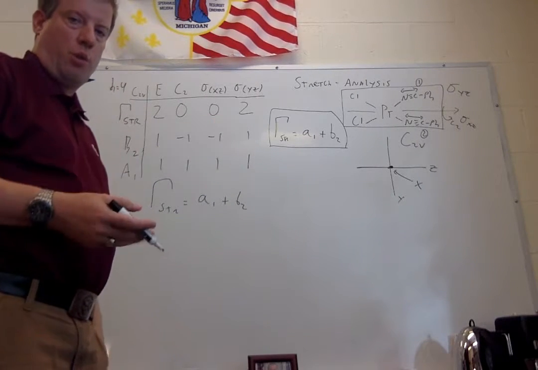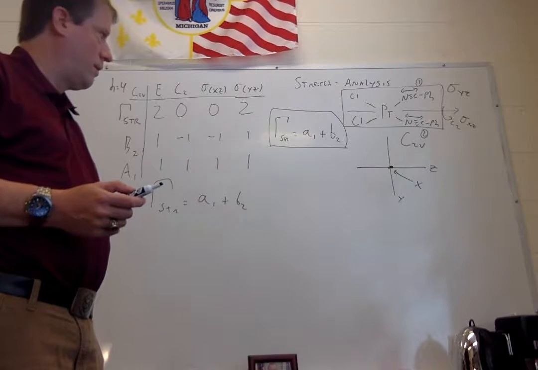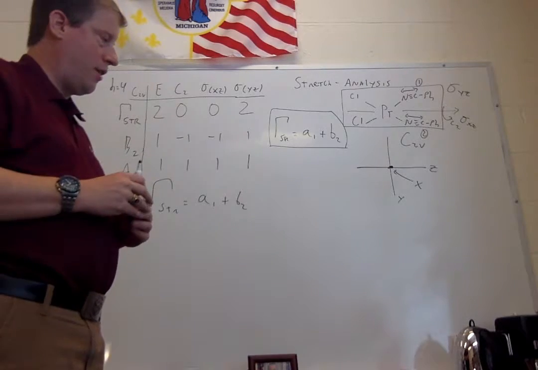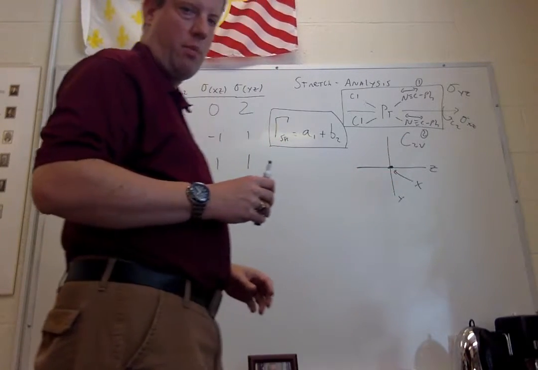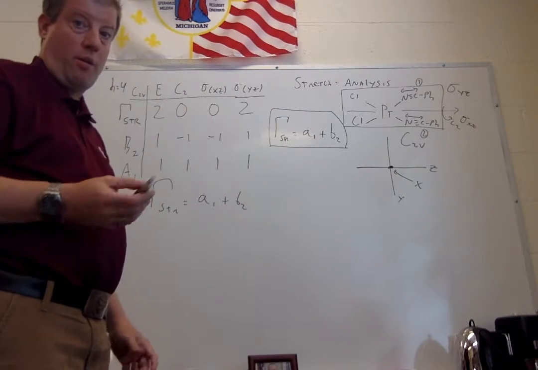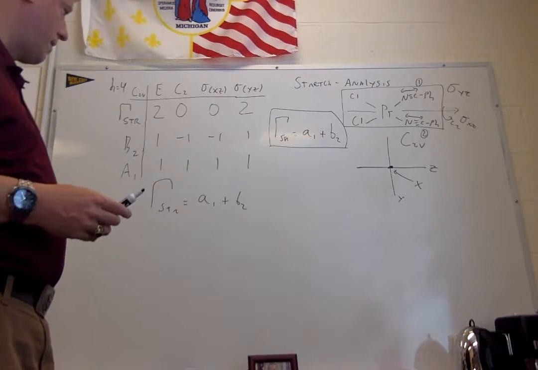And so that does work for both internal checks there. Now, if you had actually taken the y-axis as coming out of the board and the x-axis is in the board, then you'd actually have A1 plus B1, but you would find that you'd have a 2 here and a 0 there, and it would still work that way.